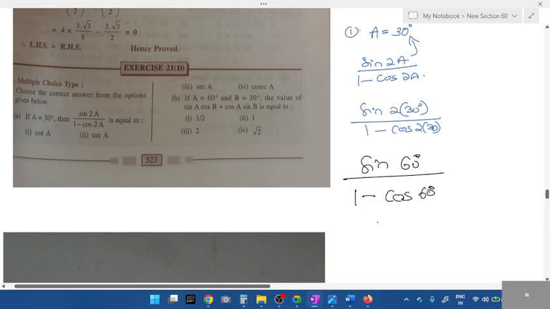How much is sine 60? Root 3 by 2. 1 minus cos 60 is how much, students? Cos 60 is 1 by 2. Take LCM, complete it.